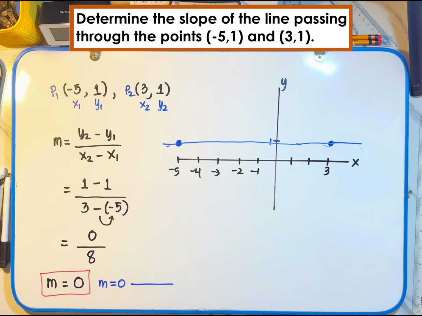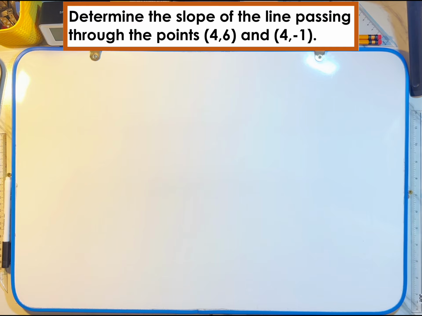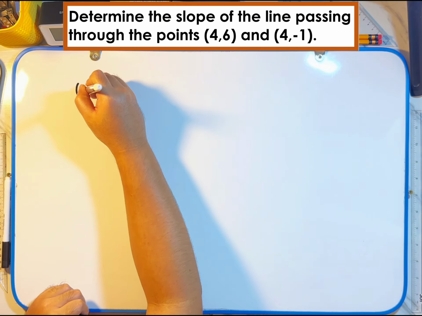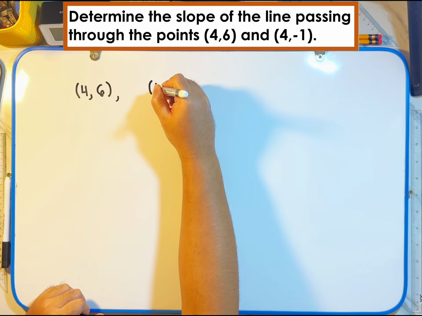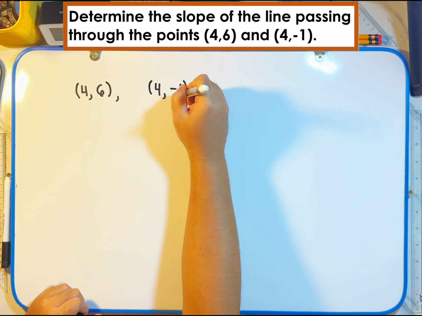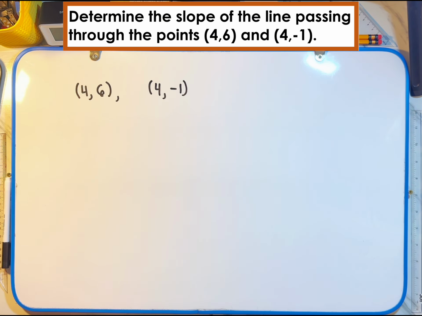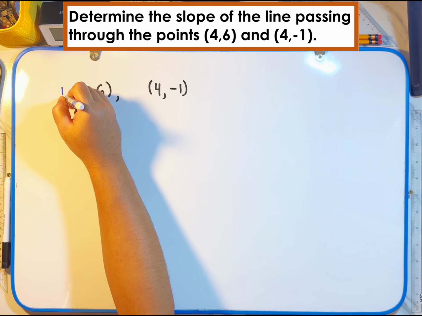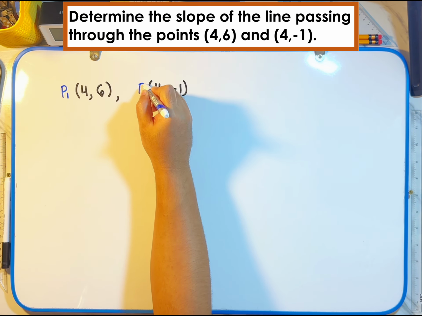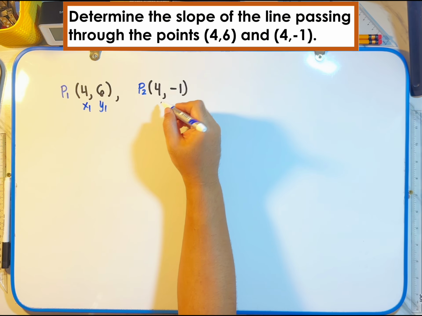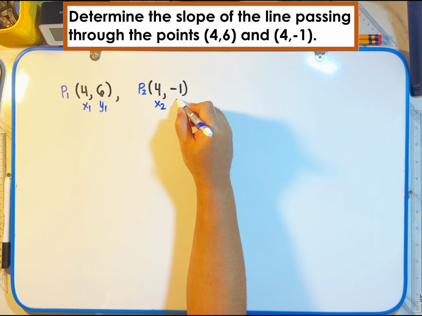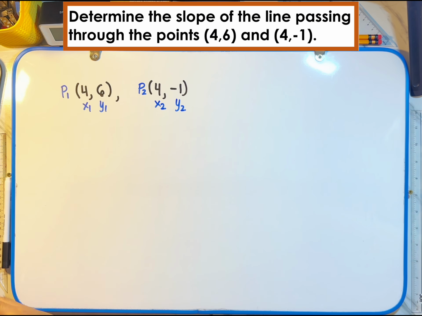Next problem. Determine the slope of the line passing through the points 4, 6, and 4, negative 1. We have 4, 6, and 4, negative 1. Okay? Let's call this point 1, the first point, and let's call this point 2. Therefore, this is x1, y1, this is x2, y2. You know the drill.